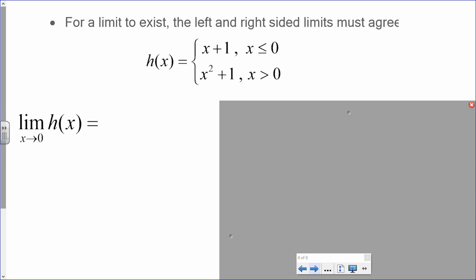So in order for that limit to exist, we have to ensure that the right and left-hand limits are the same. Now, x plus 1 is all to the left of 0. x squared plus 1 is all to the right of 0. So we need to look at the right and left-hand limits separately and see if they are the same.